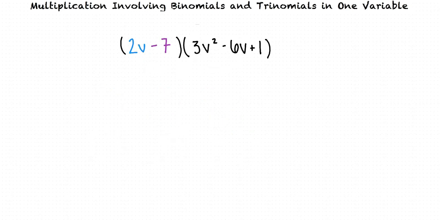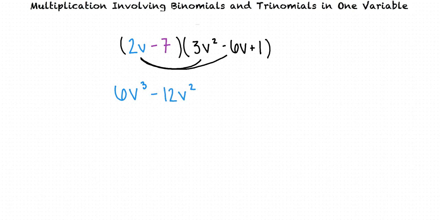Let's take a look at the quantity 2v minus 7 times the quantity 3v squared minus 6v plus 1. How do you think we should start? Well, we can first multiply 2v times 3v squared to result in 6v cubed. Then 2v times negative 6v is negative 12v squared.